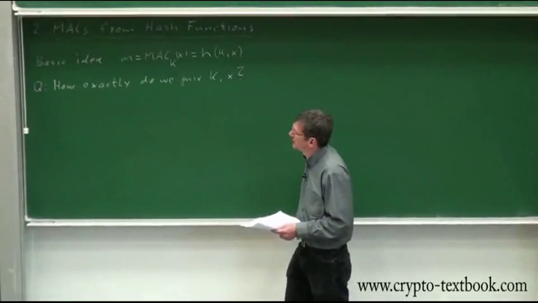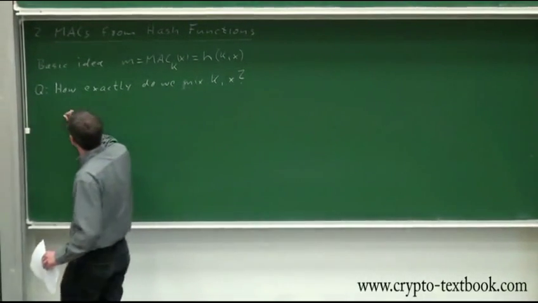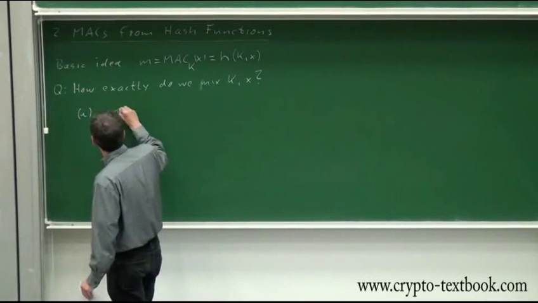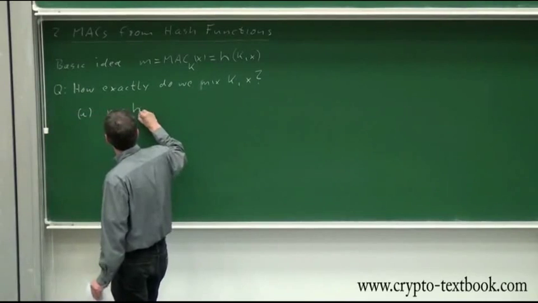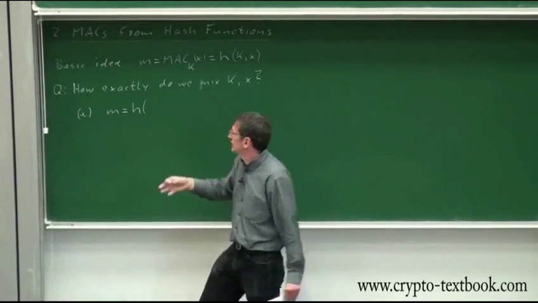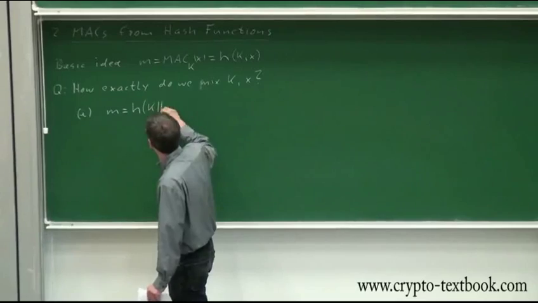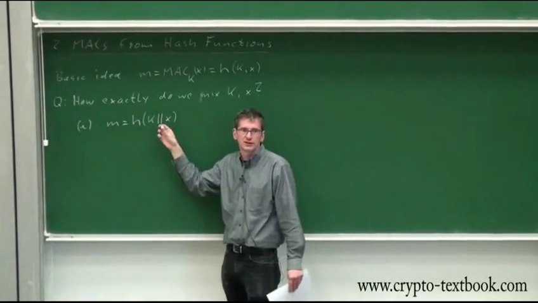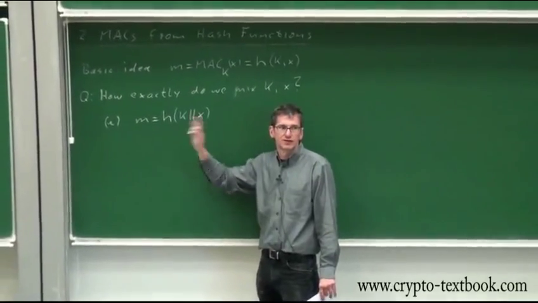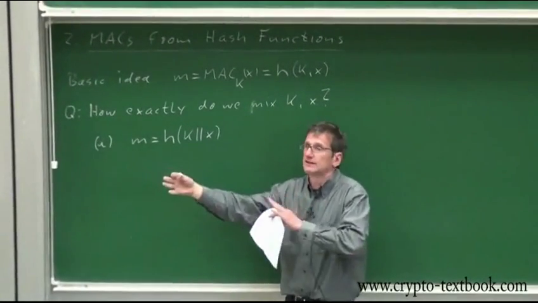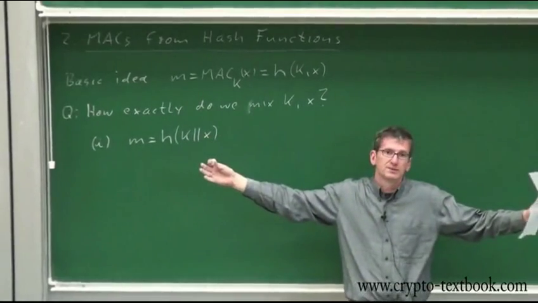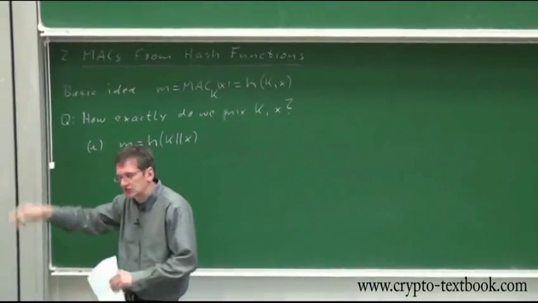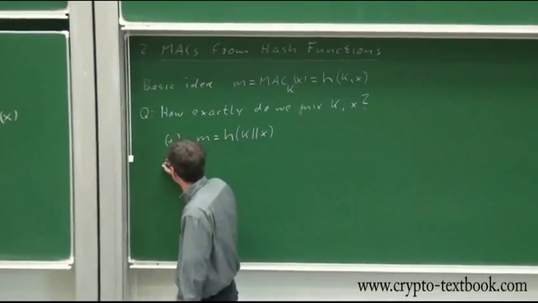The two ideas that seem obvious: the first idea is you first input the key K, and then X. This symbol here, the two bars, means concatenation, Verkettung. So first the key, whatever, 128 bits, and then your 2 megabyte PDF file. This is the first thing you can do. And again, the hash function somehow scrambles everything together.